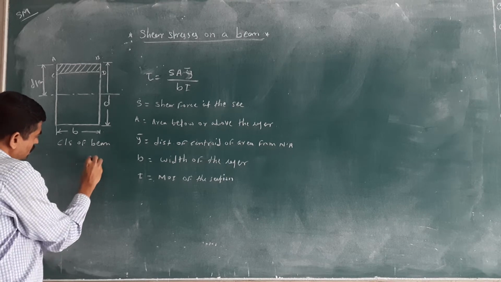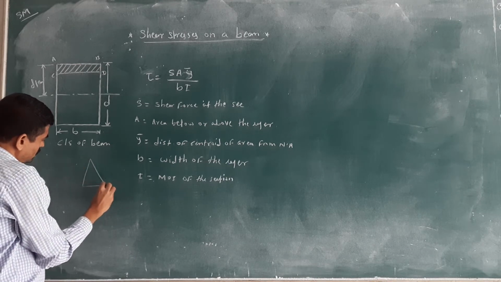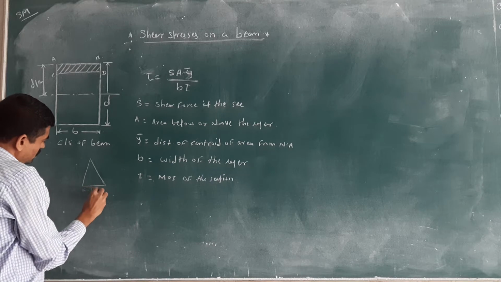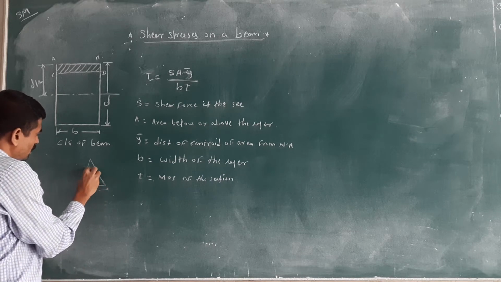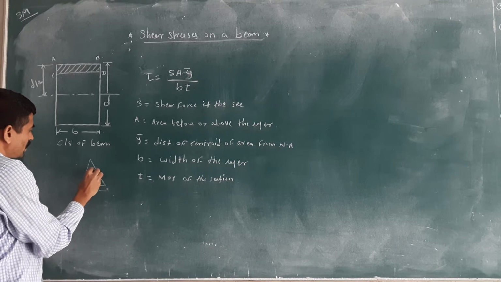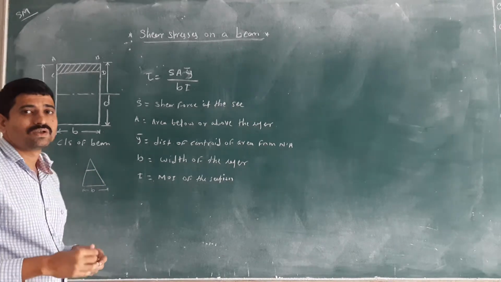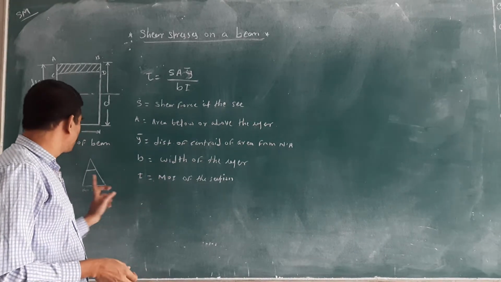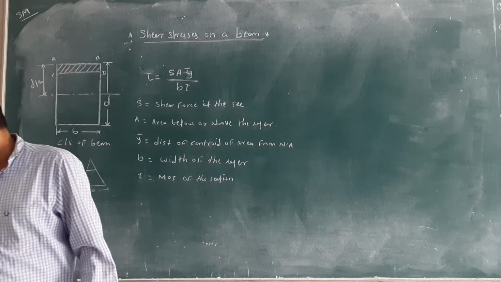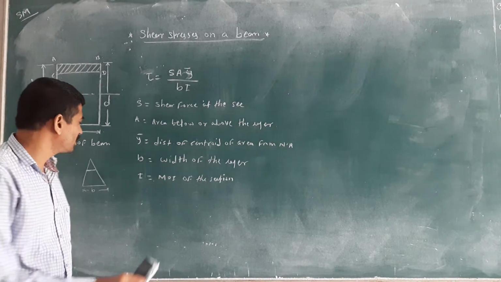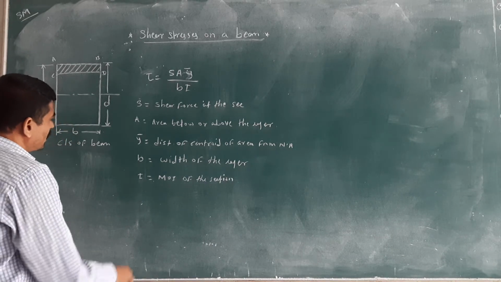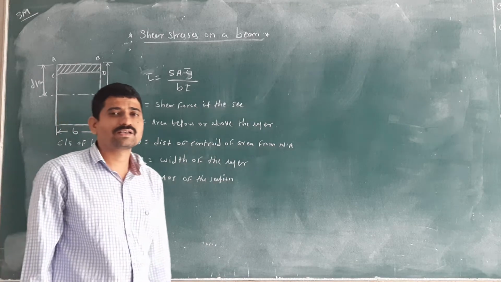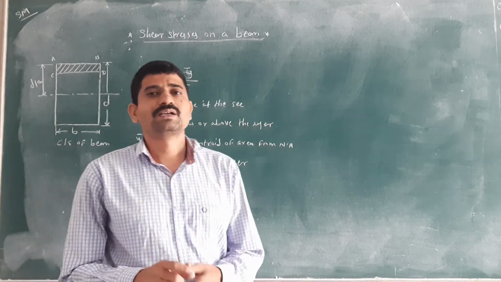Each and every section gives a different width at the layer. Remember that. Then I is the moment of inertia of that section.